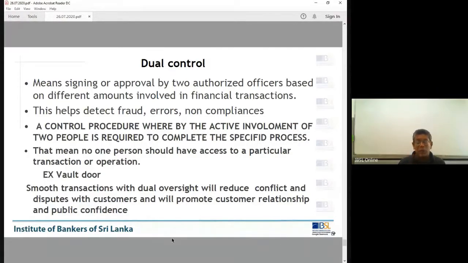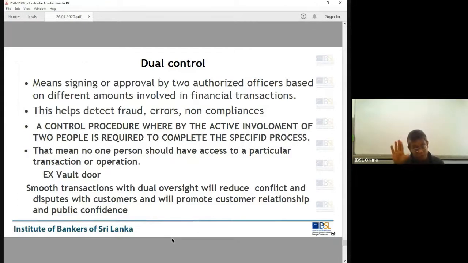So what is dual control? It helps to detect frauds, errors, non-compliance. Two people are required to complete the specified process. That is what you call dual control. Therefore, dual control is a better internal control mechanism.